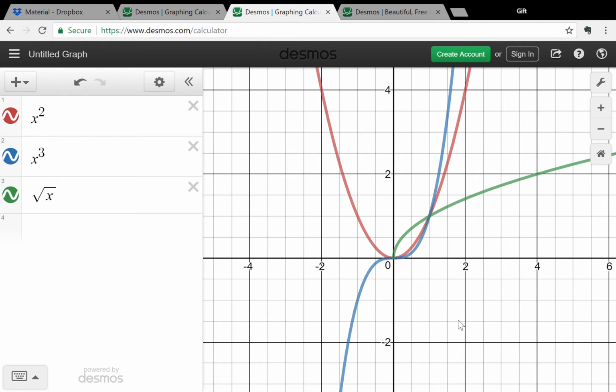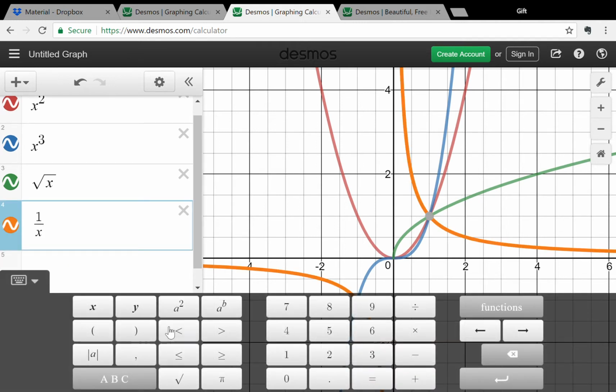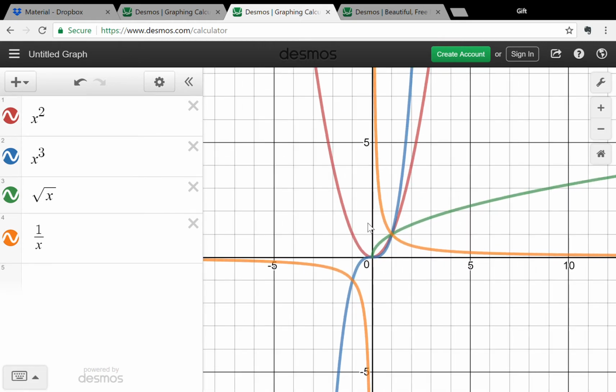You can see the square root is not defined for negative numbers, so that's why the green graph stops at 0. And the last one, I have 1 over x. The orange graph is the graph of 1 over x.